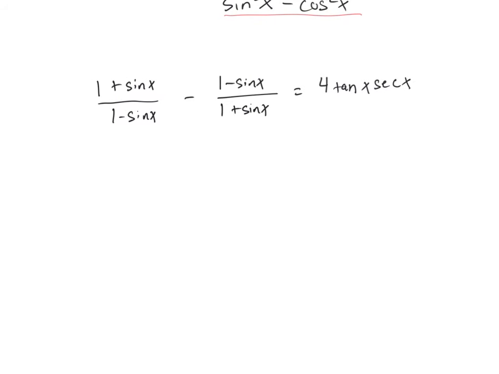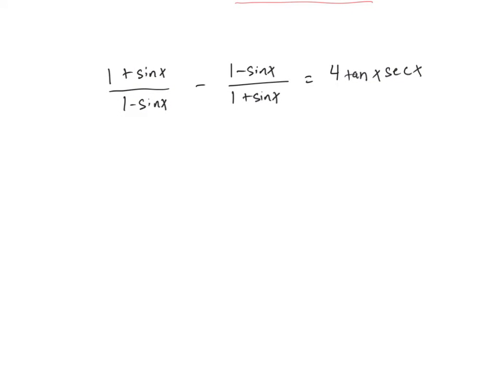What I'm going to do is multiply both fractions on the left by 1. The first fraction I'm going to multiply by 1 plus sine of x, because I want the denominators to kind of go away. So I'm going to multiply 1 plus sine of x on the first one and 1 minus sine of x on the second one.